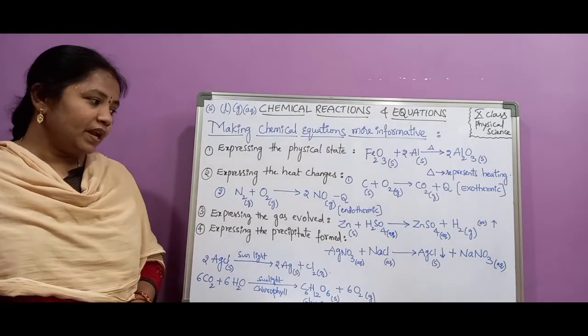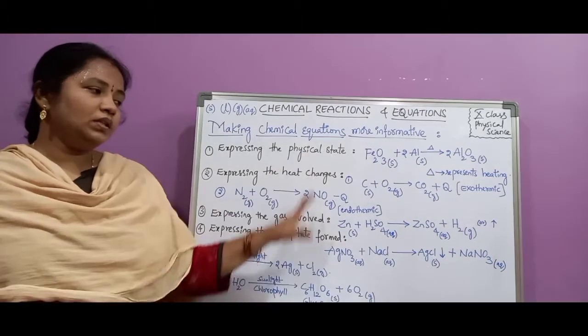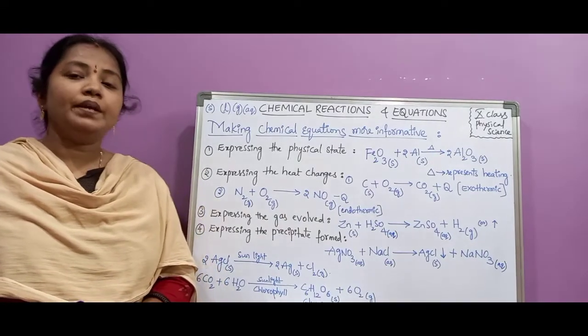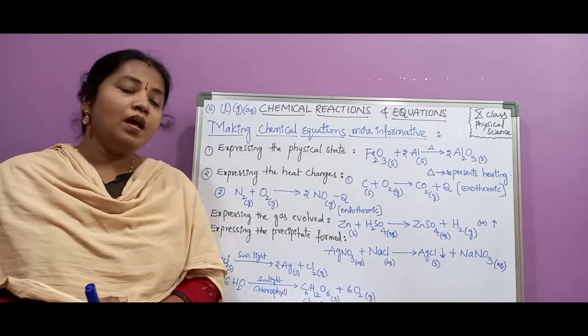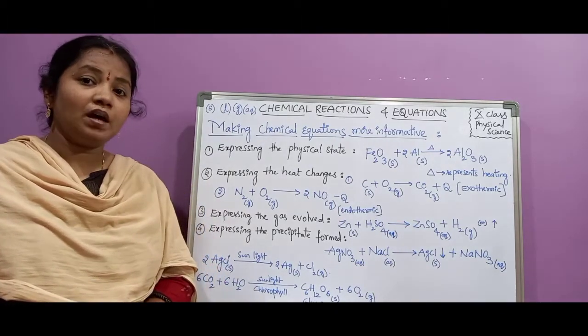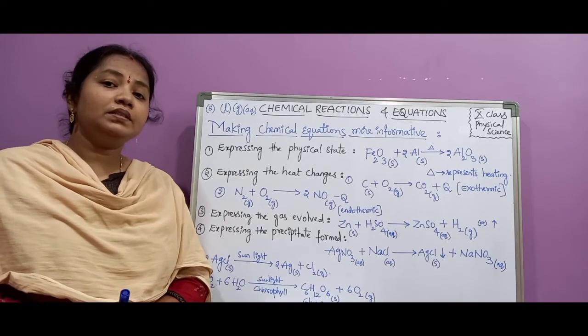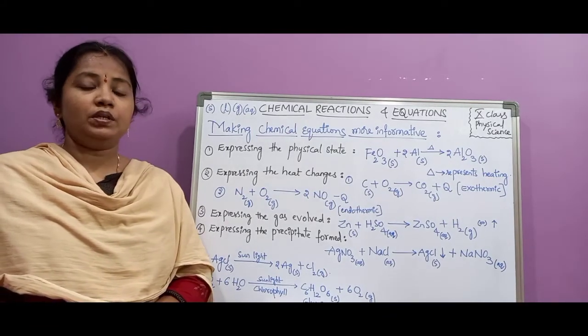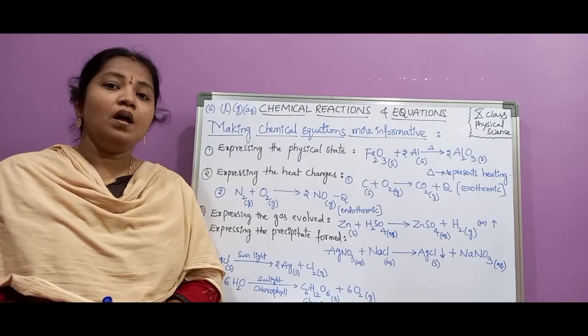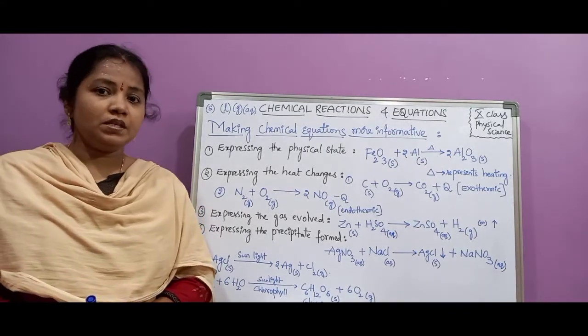So if we write a chemical reaction by following all these things, it will become more and more informative. By looking at the reaction only, we can understand the physical states of the reactants and products, what products are formed in that reaction, whether the reaction is exothermic or endothermic, whether any gaseous products are there or not, and whether any precipitate is formed or not.